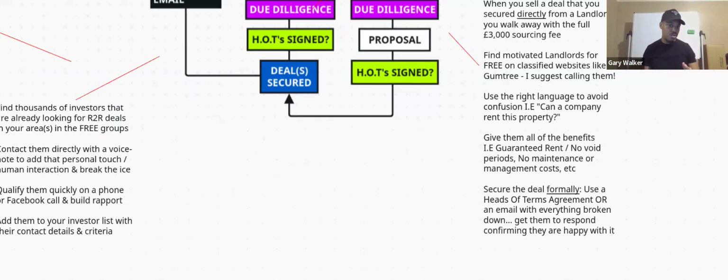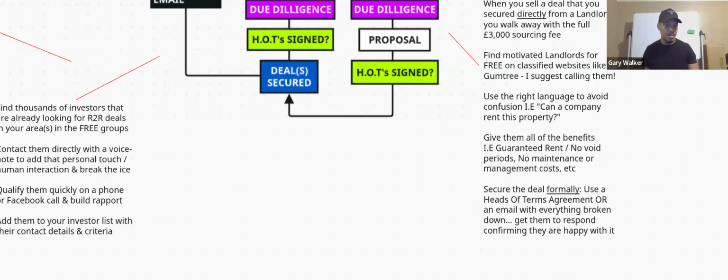Whereas every deal we do, we either have our heads of terms signed, which is just the document that outlines what we've discussed, what we proposed, what the landlord's happy with, or we at least get that all confirmed. So pretty much exactly what's in the heads of terms, we'll get it confirmed in an email, and then we'll just get them to respond confirming they're happy with it. But either way, we have to have something in black and white from the landlord confirming that they're happy with what we're agreeing.